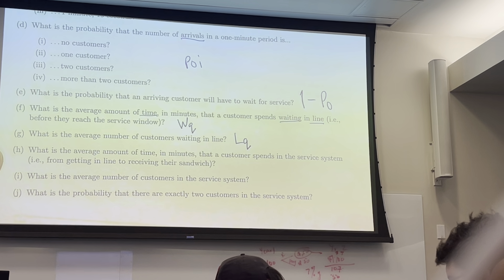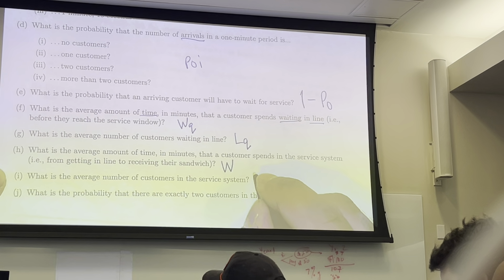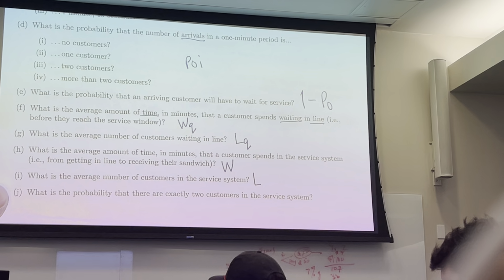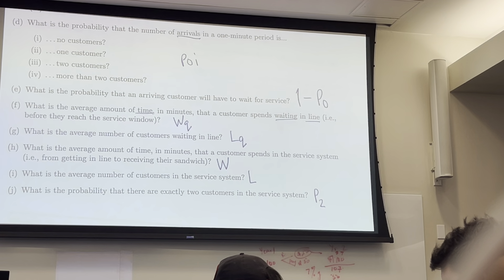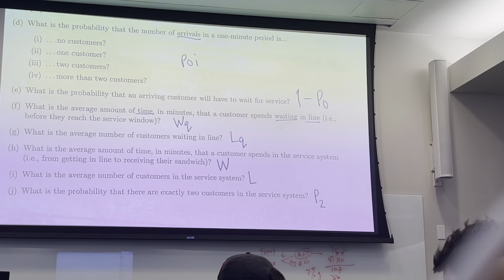Average amount of time the customer spends in the entire system, from getting in line to receiving their sandwich, just W. Average number of customers in the service system, L. And the probability that there are exactly 2 customers in the service system. So use the PN formula and N would equal 2. Exactly. Good. So be able to pick out which formula you need based on that.